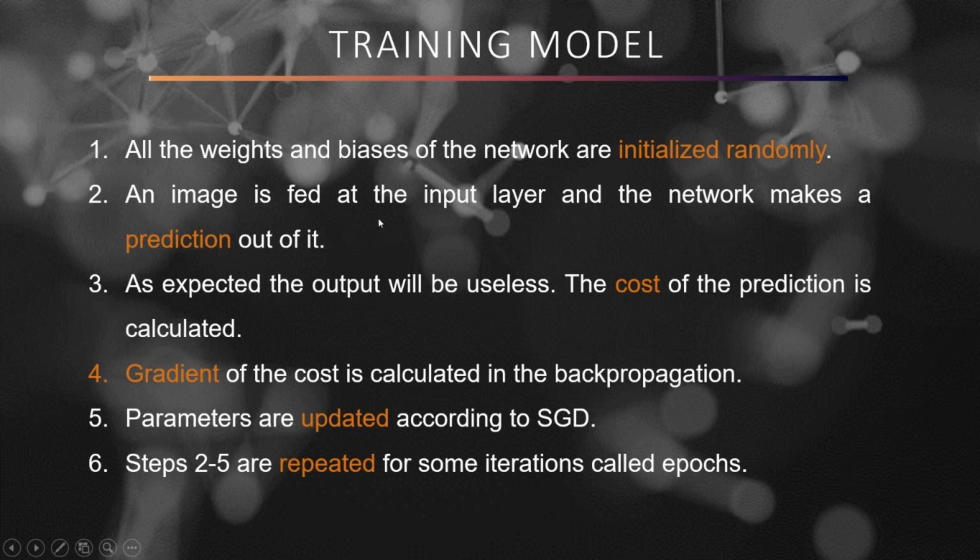Means we will repeat the steps like inputting an image, and then finding the cost of the predicted value, and then again finding the gradient of the prediction, and then tuning the weights and biases, and then again inputting an image, and this will be done for n iterations, and these iterations are also called epochs.